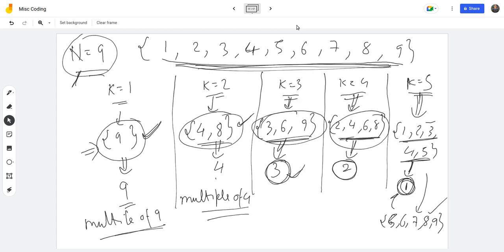Here we need multiples of 3, which is 3, 6, 9, right? Here we need multiples of 2, which are 2, 4, 6 and 8. Let me rub this part so that it can be more clear.